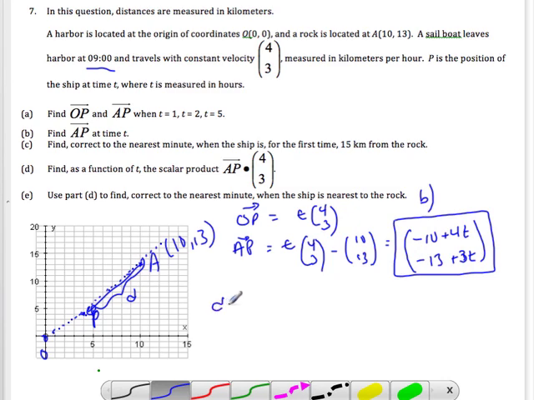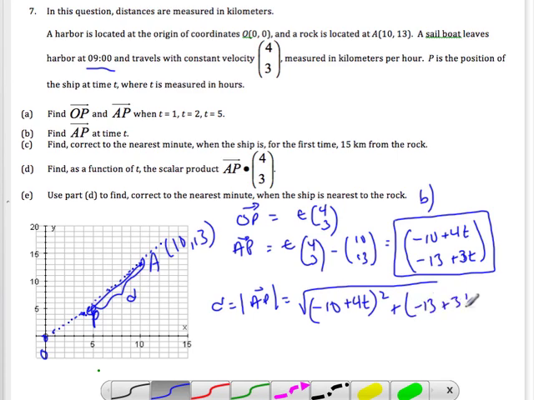So D is equal to the magnitude of AP, which is the square root of (-10 + 4t) squared plus (-13 + 3t) squared. And I want that to be equal to 15.